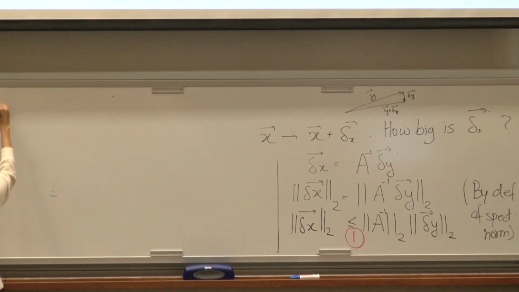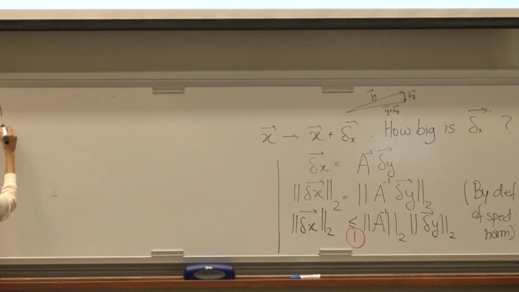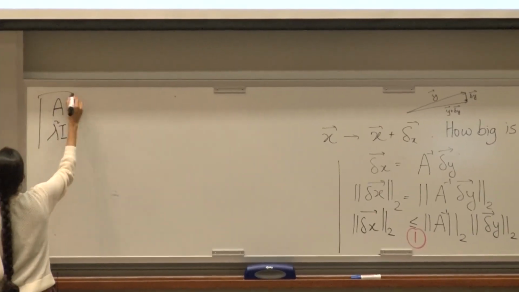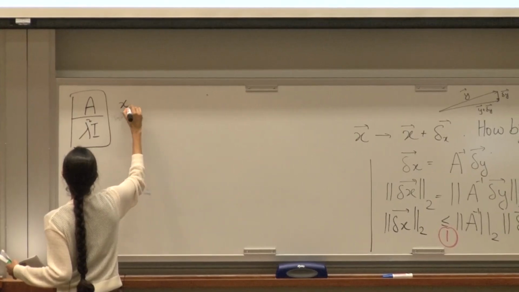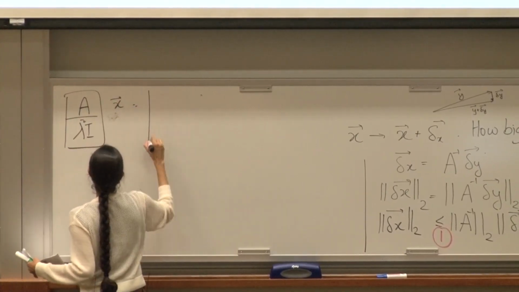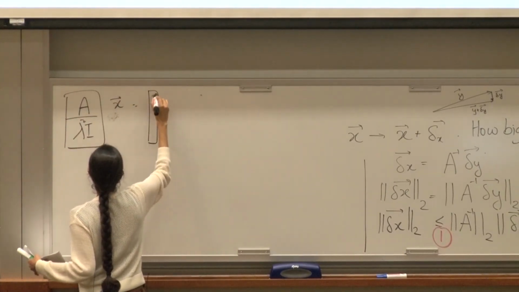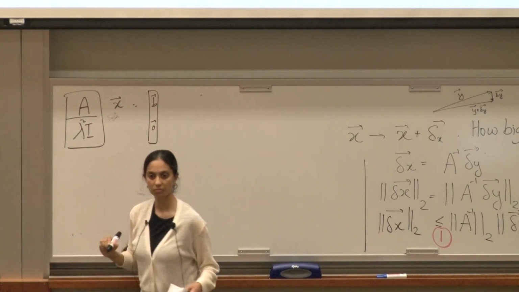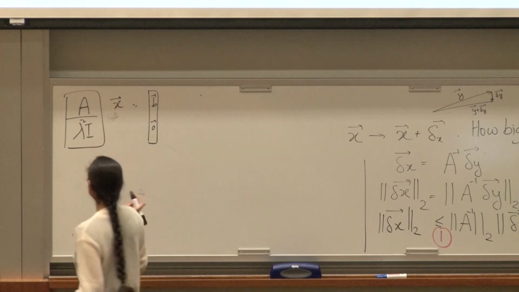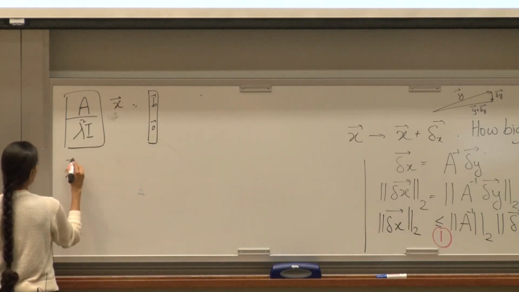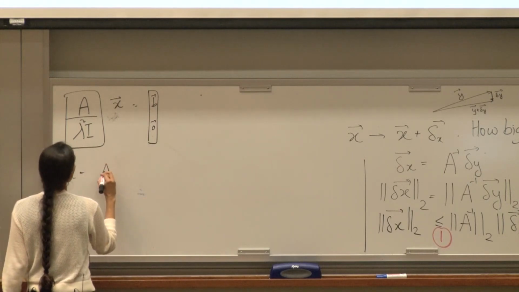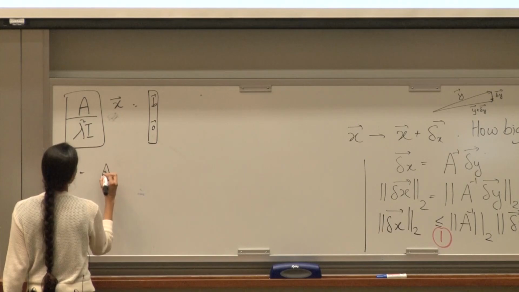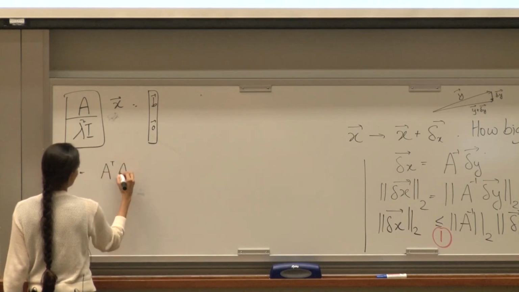I have my block matrix, A stacked on lambda I, times x, is equal to b stacked on 0. If I solve this least squares problem, I get that my x hat is equal to A transpose A, inverse.